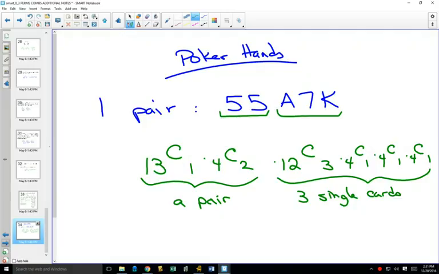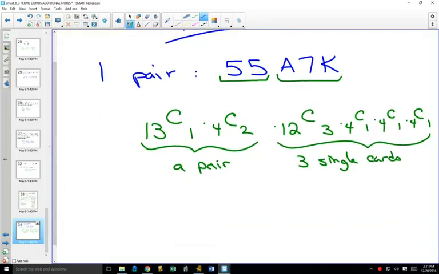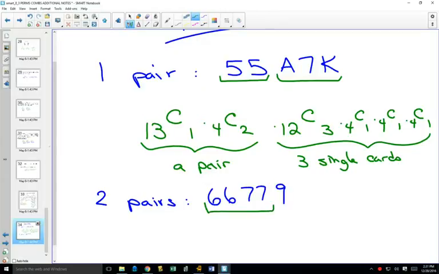So if we do a second example here where we count something quite similar, which is 2 pairs, our example of that could be 2 sixes, 2 sevens, and a 9. So now we're going to count those together because our pairs are the same size, and the 9 separate.